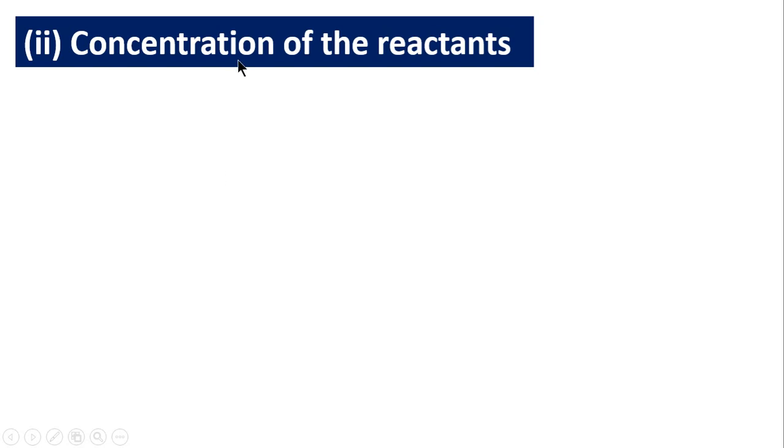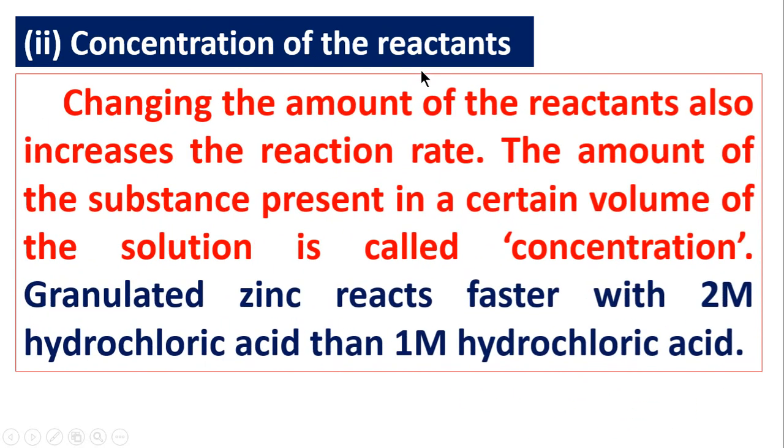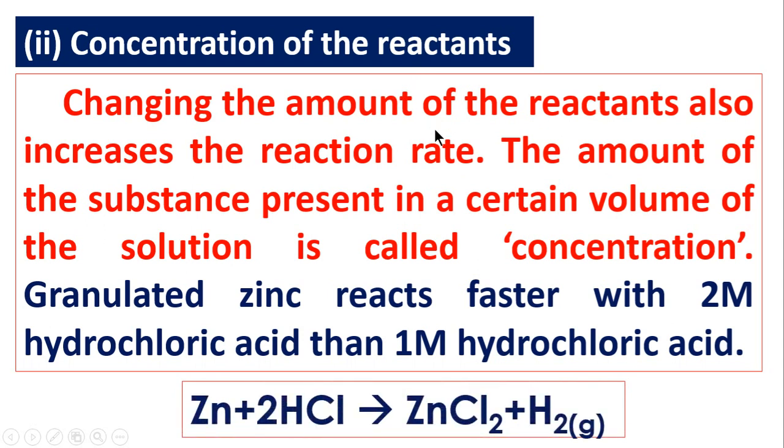Second one, concentration of the reactants. Changing the amount of the reactant also increases the reaction rate. What is concentration? The amount of the substance present in a certain volume of the solution is called concentration.